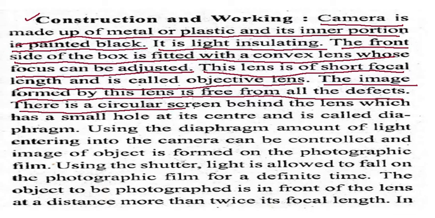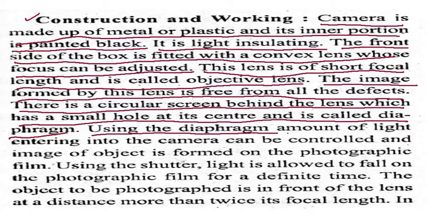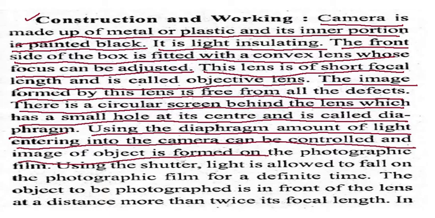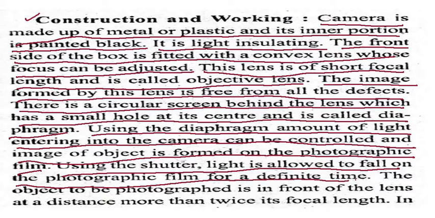There is a circular screen behind the lens which has a small hole at the center and is called the diaphragm. Using the diaphragm, the amount of light entering into the camera can be controlled and the image of an object is formed on the photographic film. Using the shutter, light is allowed to fall on the photographic film for a definite time.